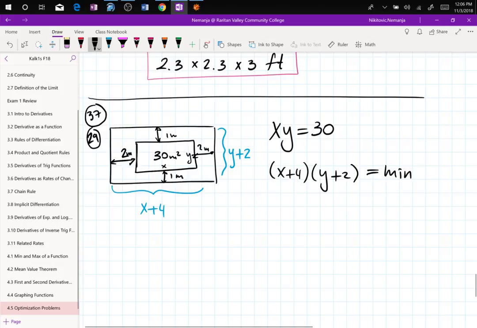So now I have my constraint, I have my objective function. So y equals 30 over x. Plug in.